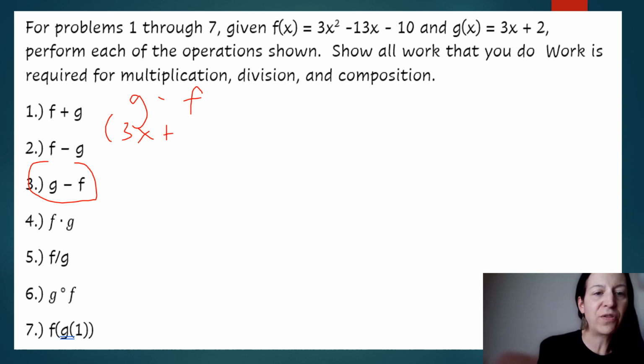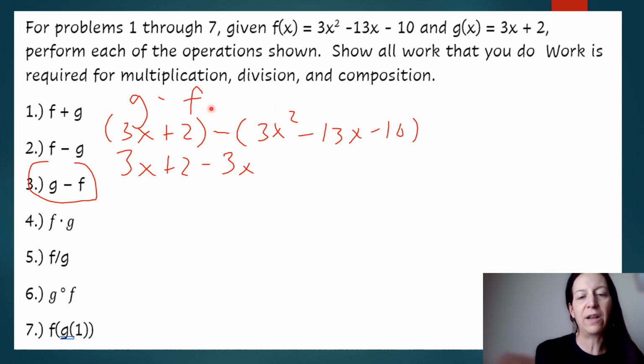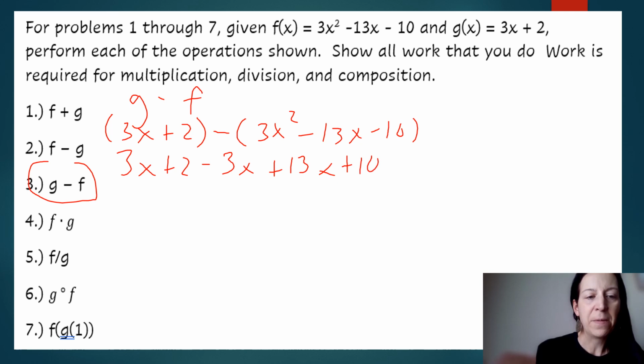So we're going to have 3x plus 2 minus 3x squared minus 13x minus 10. And remember, when you remove your parentheses, that subtraction goes with everything. So you're going to have minus 3x squared, minus a negative is going to make it adding, and then minus a negative over here is going to make it adding. So plus 13x plus 10.